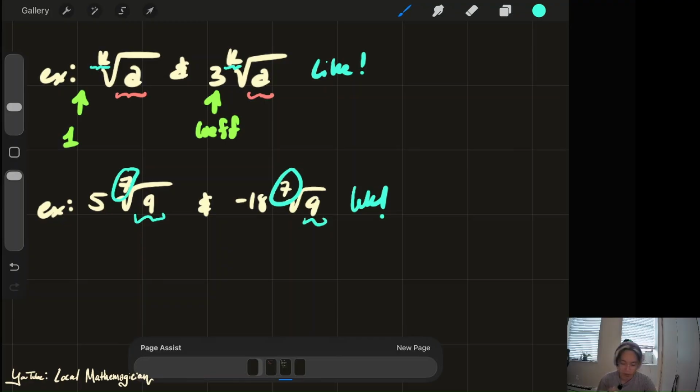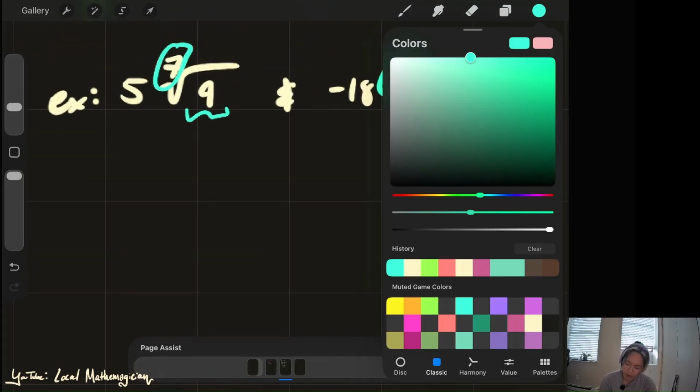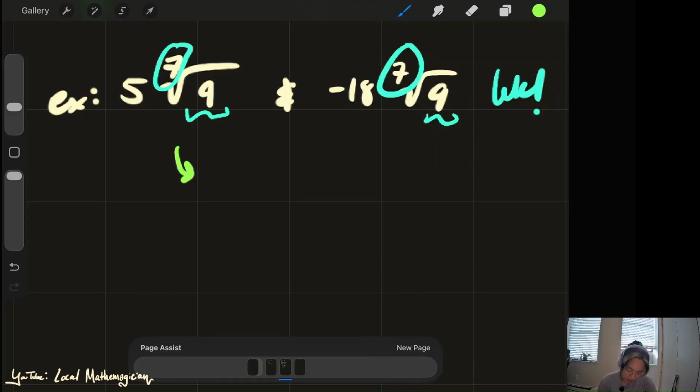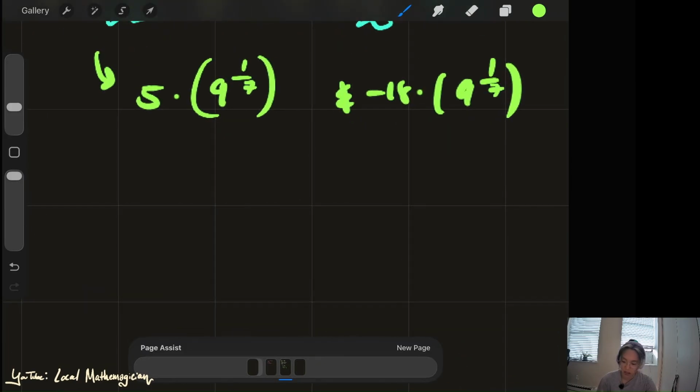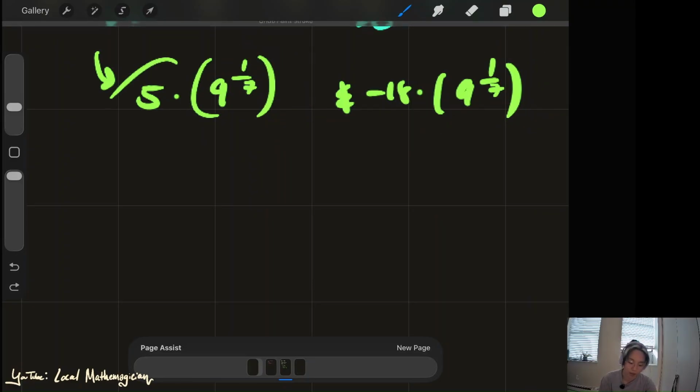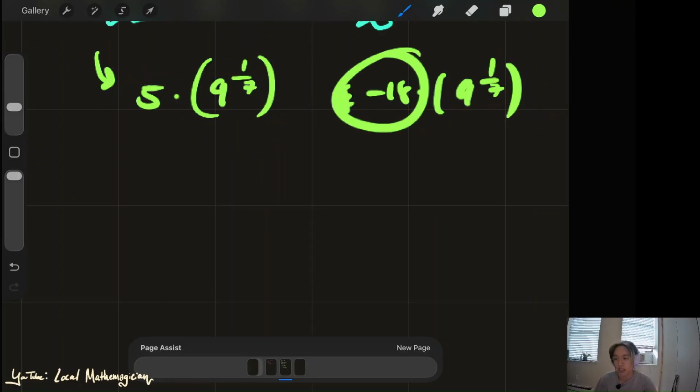In terms of exponents, this is 5 times 9 to the 1/7, and this is negative 18 times 9 to the 1/7. Well, we can add those because this is 9 to the 1/7 and this is 9 to the 1/7. It's saying we have 5 of these and negative 18 of the same.